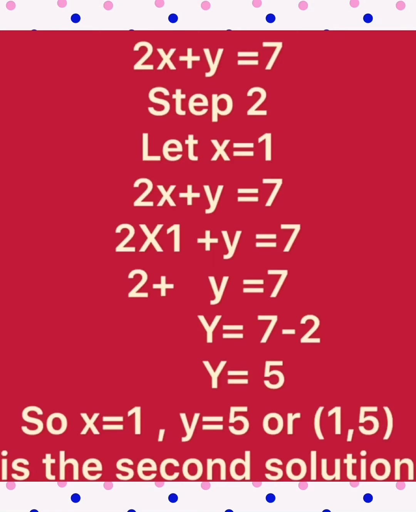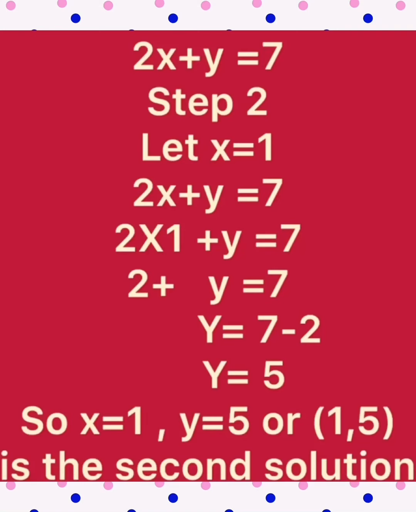In the next step, 2 into 1 is 2, plus y equal to 7. In the next step, 2 will be shifted to the right hand side and converted into minus 2. So the value of y will be 7 minus 2 equal to 5. So y equal to 5. So I would write x equal to 1 and y is equal to 5, or in the form of coordinates, (1, 5) is the second solution.